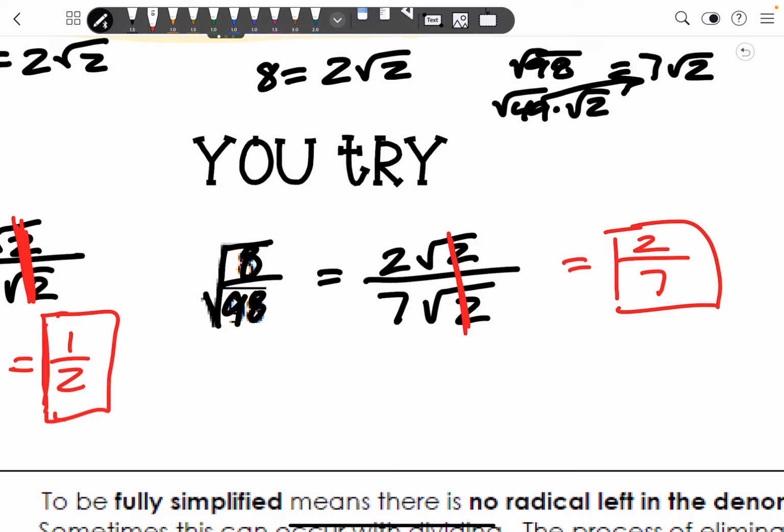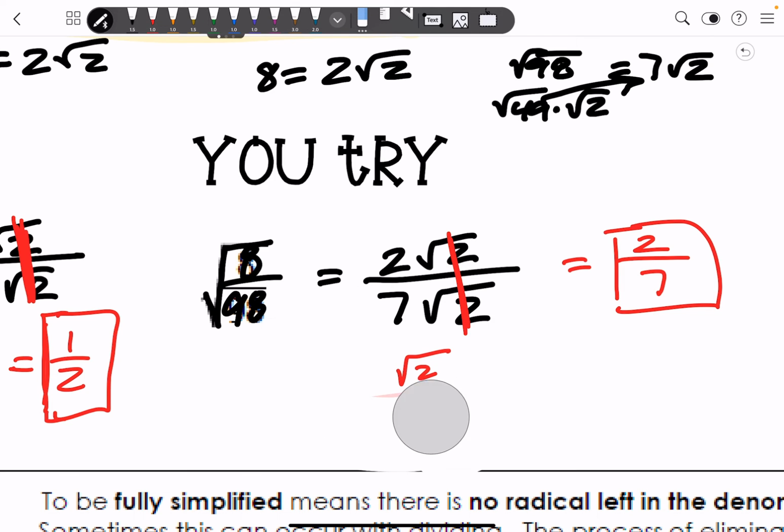And say if you were left with something like this instead, you would just simplify your constants, your coefficients that are on the outside. You don't need to draw that 1 in there, so it'd just be the square root of 2 over 2 square root of 3. But there's a problem with something like this. We don't like that radical stuff on a denominator.